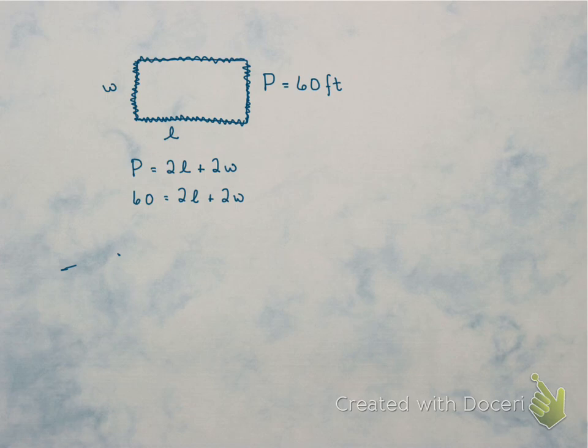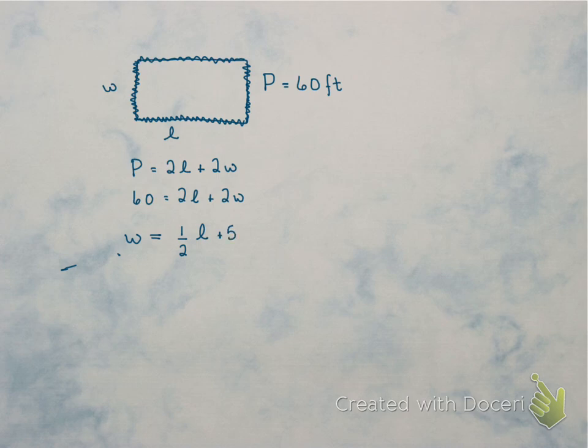So we're going to go back to the sentence that says the width must be, so the width is 5 feet more than half the length. So half the length is 1/2 L, and then 5 feet more than that.